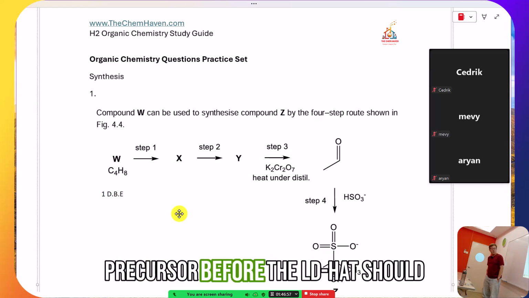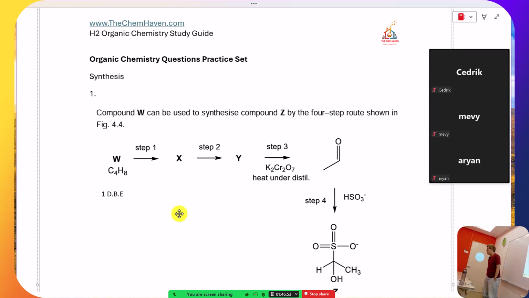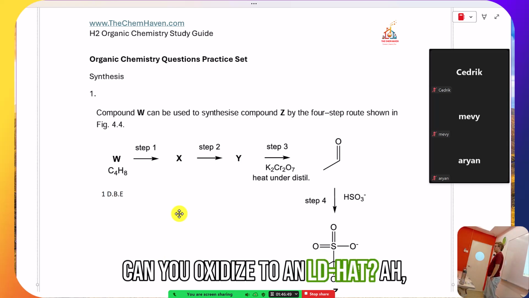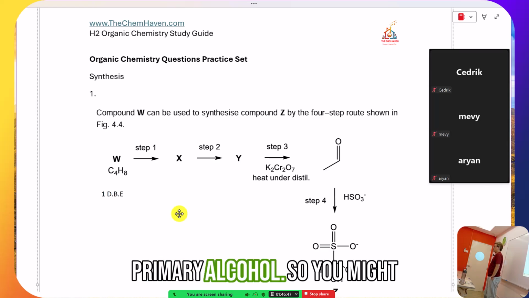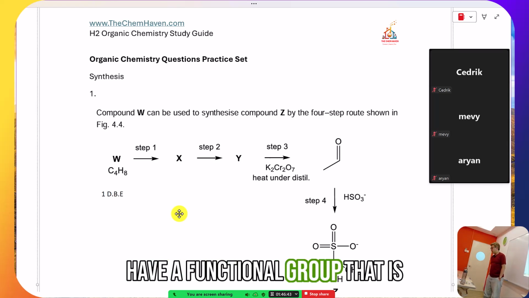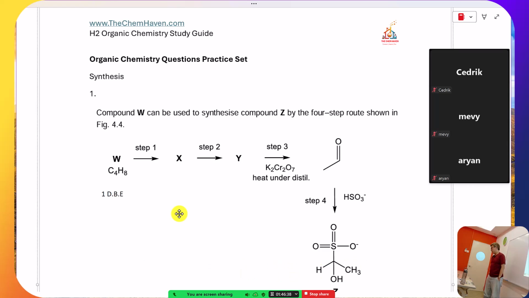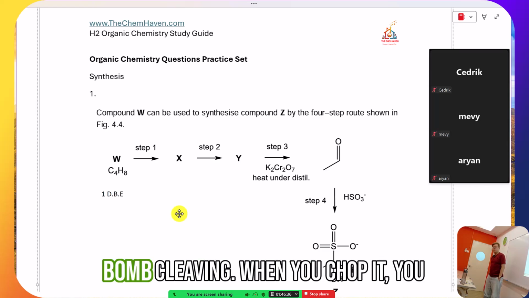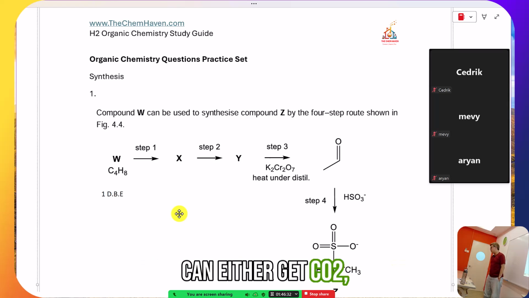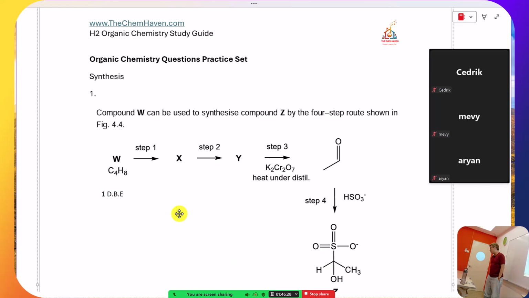Remember, the precursor before the aldehyde should be what type of alcohol? What kind of alcohol can you oxidize to an aldehyde? Primary alcohol. So you might have a functional group that is related to a primary alcohol. Remember your C=C double bond cleaving. When you chop it, you can either get CO2, carboxylic acid, or ketone.